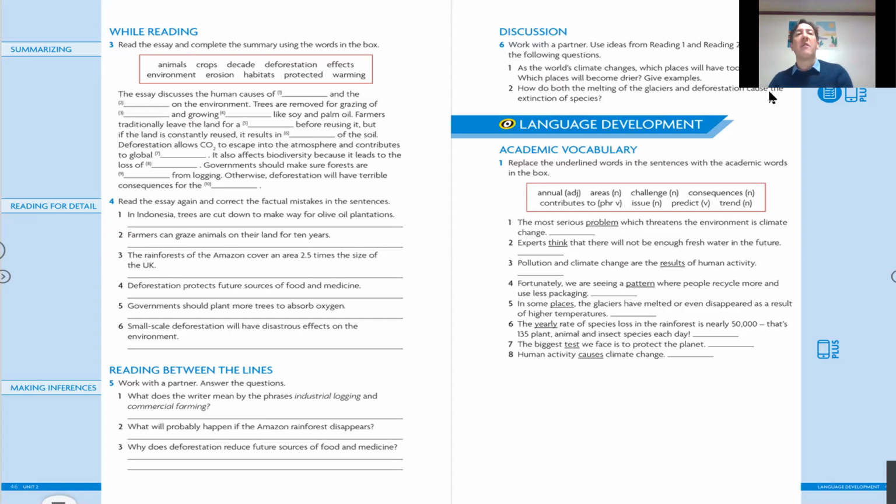Right, so the incorrect word is not small-scale, it's large-scale. All right, so that's basically Reading 2. We don't need to do the other ones there, I don't think. So let's move on to the next page.